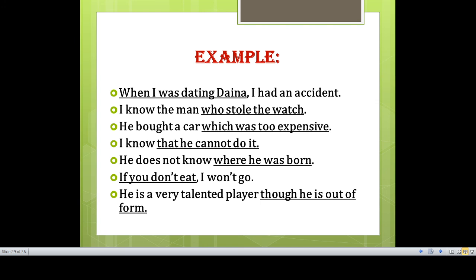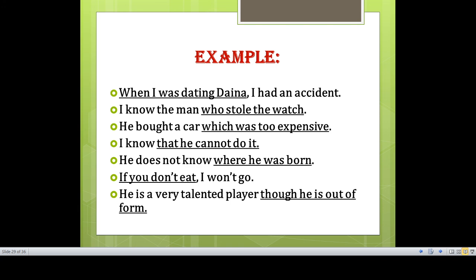Again, a relative pronoun. I know that he cannot do it. Which is your dependent subordinate clause? That he cannot do it. And which is your main clause? I know. It's a complete sentence.